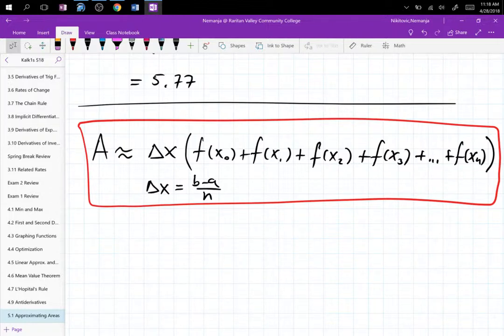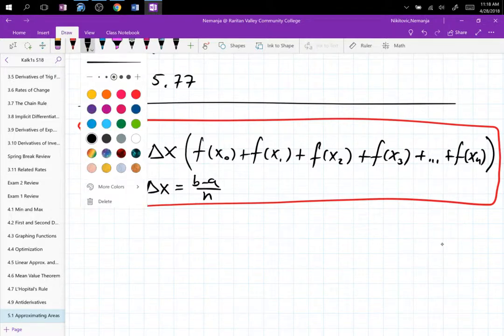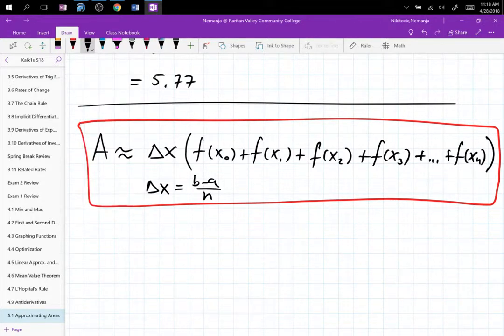And the answer is yes. Now we're going to learn summation notation, because summation notation helps us write these types of progressions like x0, x1, x2. We can write the entire parenthesis as just one thing.